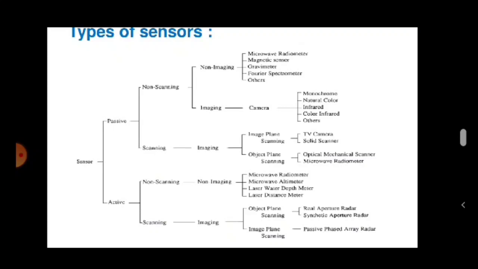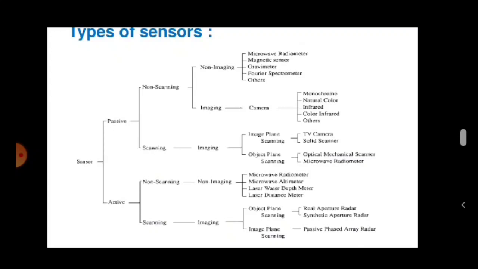into other types later. Active sensors are sensors which emit energy and detect reflections, or which detect reflected responses from objects radiated from artificially generated energy sources.